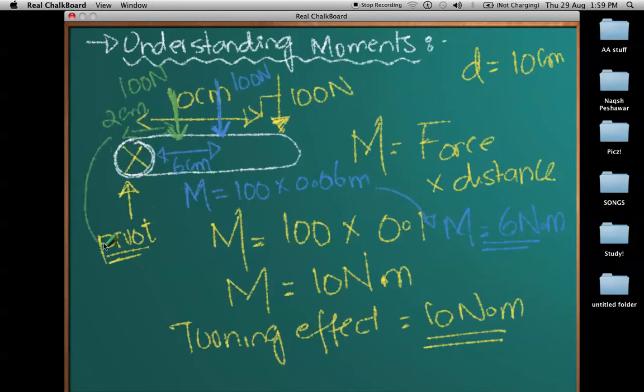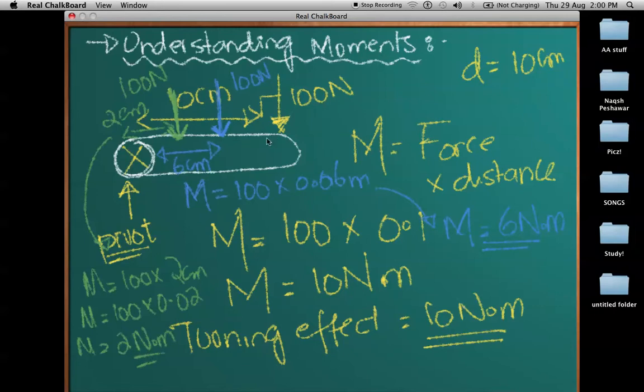If I simply use the formula to find out the turning effect of this 100 Newton force from this distance, it would be 100 times 2 centimeters, or 0.02 meters. So the moment is 100 times 0.02 meters, and the moment would be 2 Newton meters. So for the same force, there would be very much less turning than it was earlier.